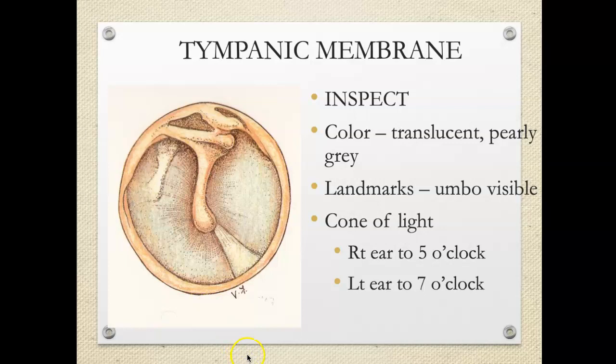That basically tells us how much pressure is in the ear. If there's too much pressure or not enough, or something else is going on behind the tympanic membrane, like an infection, it's going to make the reflection appear in a different area. So that's why it should be at 5 o'clock for the right and 7 o'clock for the left.